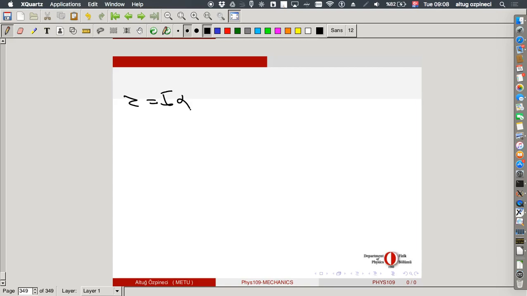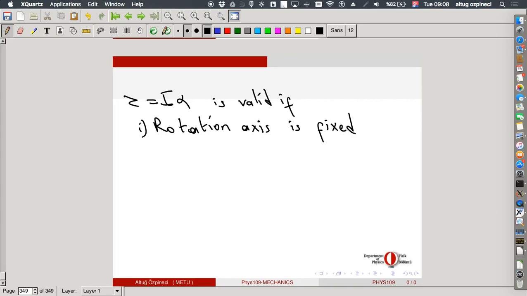Torque is equal to I times alpha. This is valid in two cases. One, if the rotation axis is fixed, or moving at constant velocity.